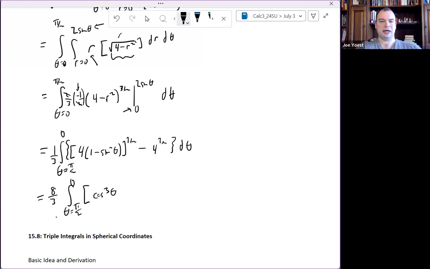And then I just have a minus 1 left over. So the 4 to the 3/2, I factored out. That was just the 8. And then the 1 minus sine squared theta to the 3/2 turned into a cos theta cubed. And then the 1 that was left over from here just came out as a 1.